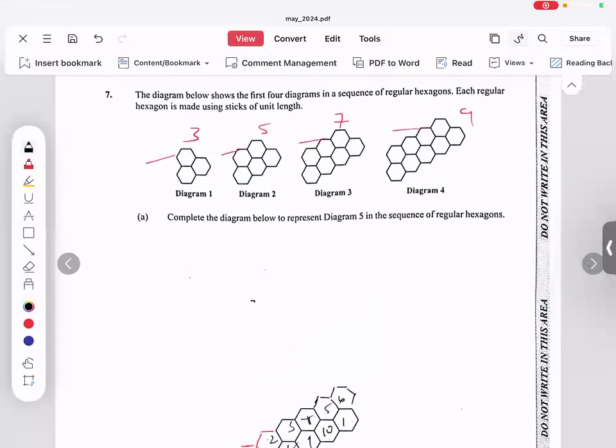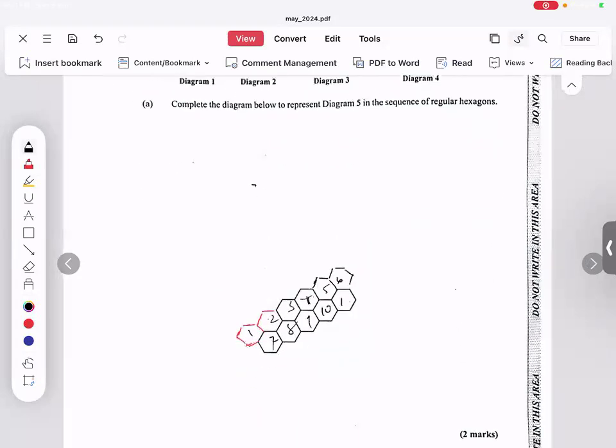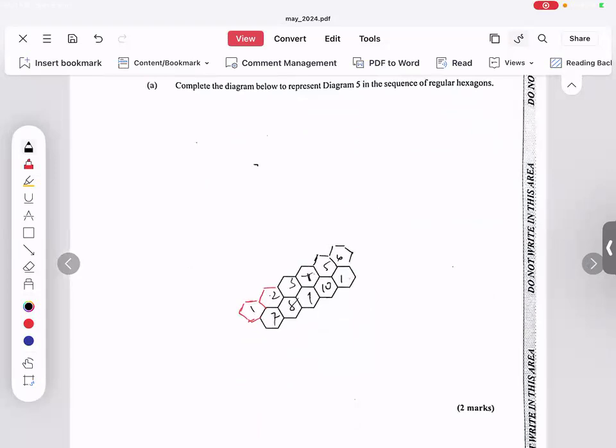But if we draw, hold on. We have 1, then 2, then 3, then 4, then 5, then 6. Hold on, I don't think it drew properly. Are you sure there's not supposed to be 5 on the top and then 6 on the bottom?